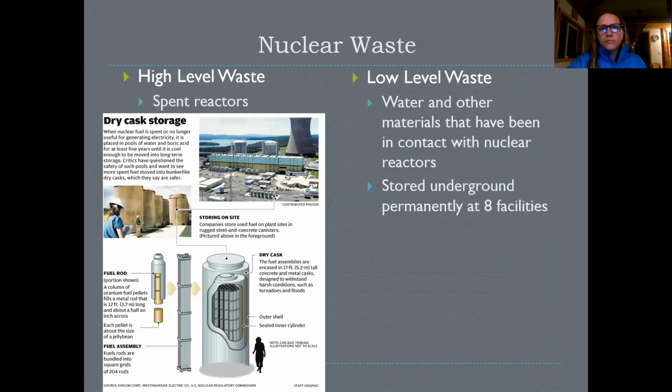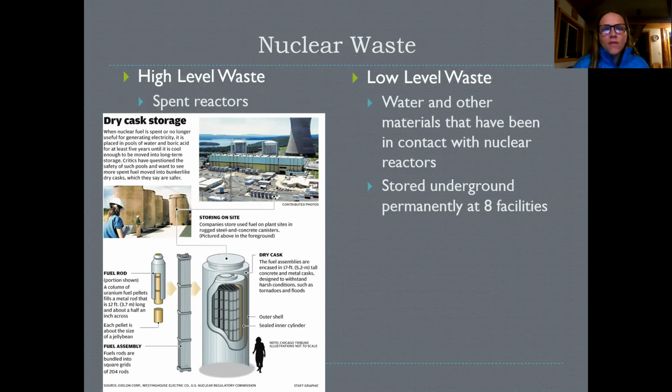Okay, so I sometimes have had questions from students about, well, what is this nuclear waste? What does it look like? And so there are actually different grades of nuclear waste. So first of all, there's the spent reactors, and these reactor cores are long, solid rods of basically a metal material that contains some of this really highly radioactive material.